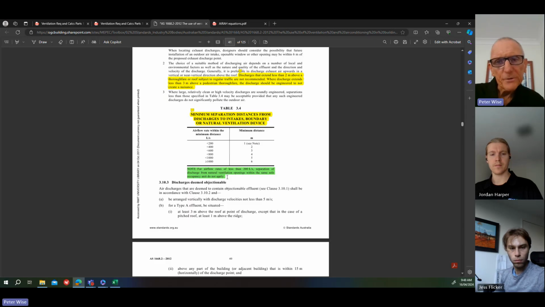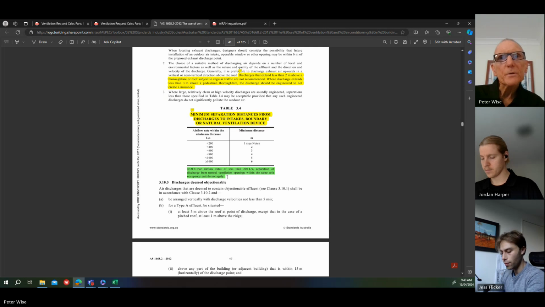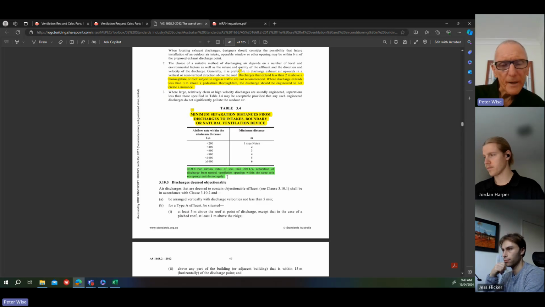What that means is if you're doing a residential apartment, which you probably will do quite a bit of, quite often and nearly all the time, the discharge from the bathrooms is out over the balconies of the apartment. So rather than taking it all the way up to the top of the building and discharging at the top, you can discharge it horizontally at the location of the apartment, usually over the balcony.